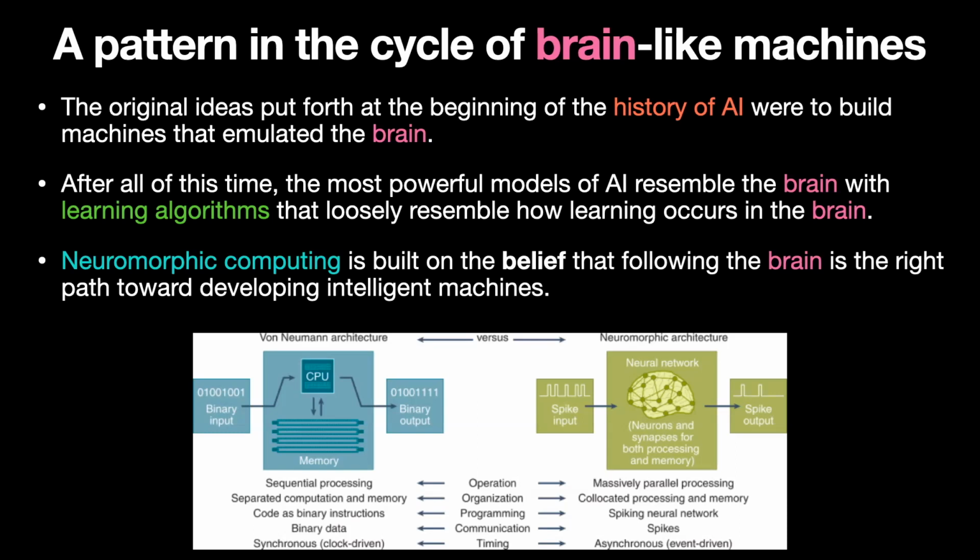So after all this investment, all this time, all this research, we're still where we started, which is following ideas in the brain. And neuromorphic computing is built off the belief, and I use belief very intentionally, that following the brain is the right path toward developing intelligent machines.